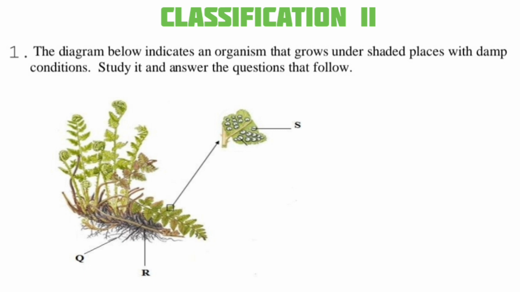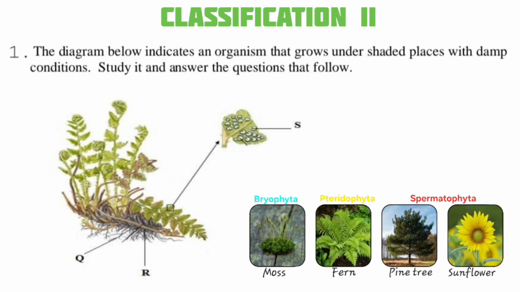Let's pause there. When we talk about kingdom Plantae, okay, this is a kingdom that is further divided into 3 divisions. Now, do you remember the 7 taxa that you were taken through in Form 1? Starting with kingdom, phylum, class, so on until we reach the last and smallest taxa, which is the species?